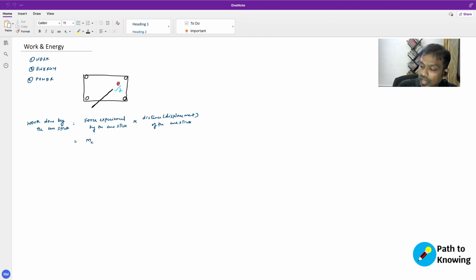So let's call that acceleration ac, times the distance, or the displacement, which is d. So this is the work done by the Q stick. This is the formula for the work done by an agent, or the Q stick, to be precise here.